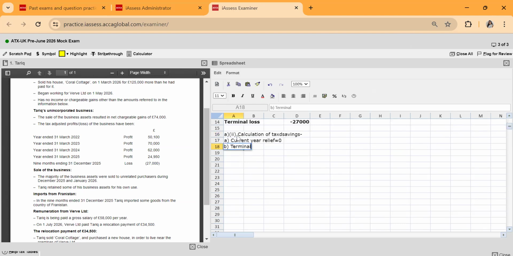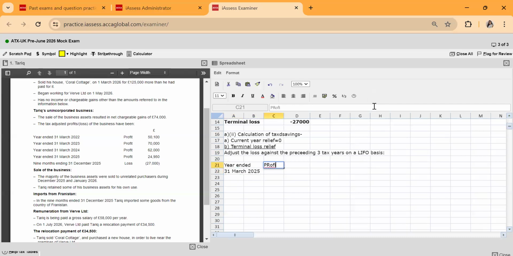B is terminal loss relief. If we go for a terminal loss relief, then the tax savings will be: adjust the loss against the preceding 3 tax years on a LIFO basis. First I will take the year ended 31st March 25.